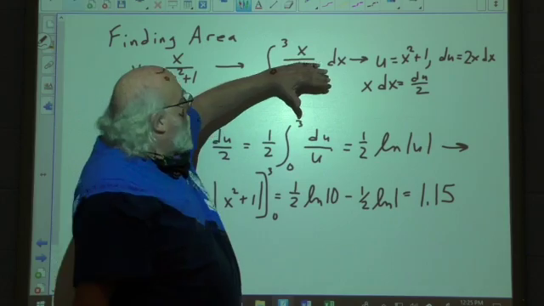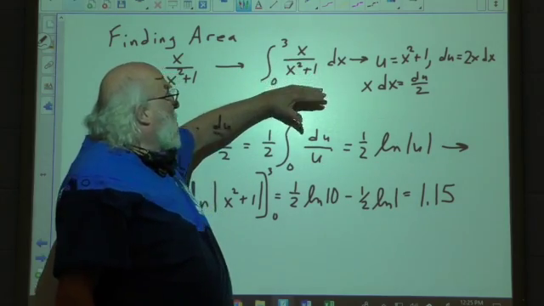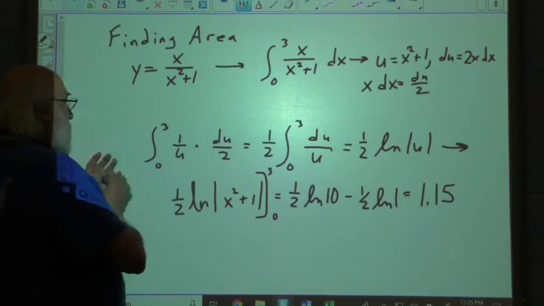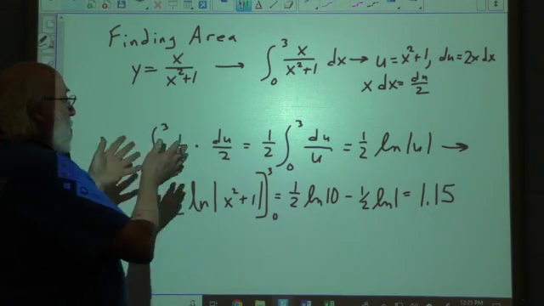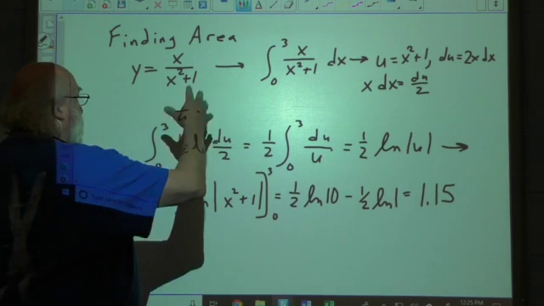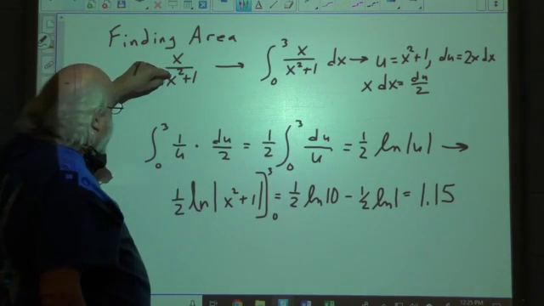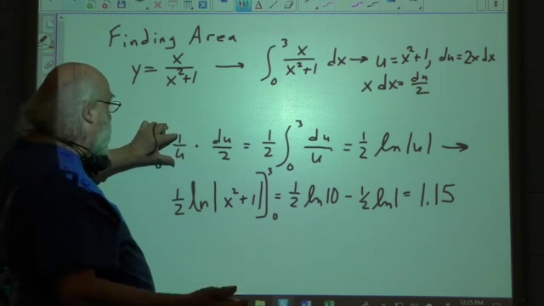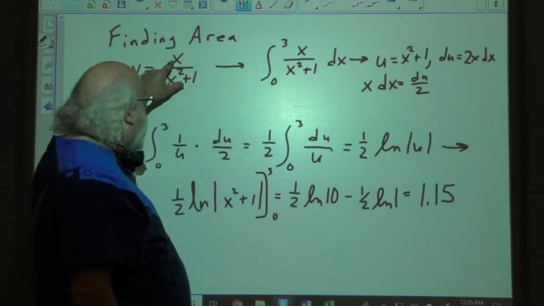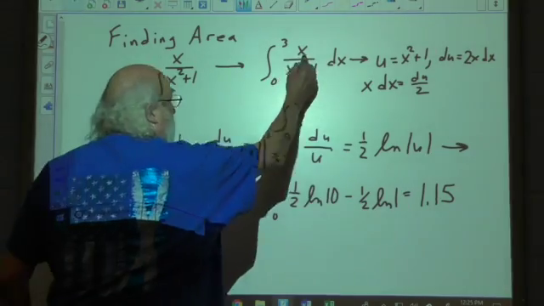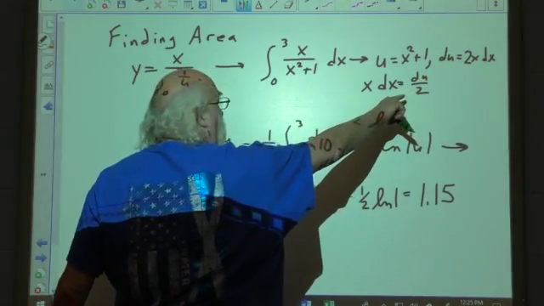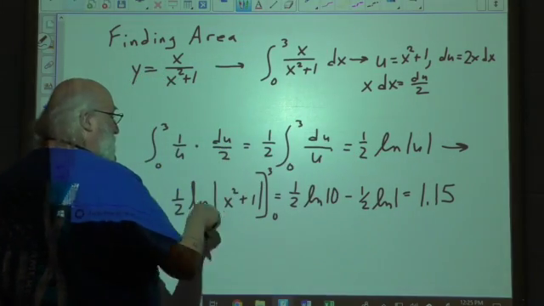So the idea is to try to make x dx the value that's to be substituted, so you have to divide that 2 out. And so now you go ahead in terms of u, plug that in. Well, x squared plus 1 is in the denominator, so that's 1 over u instead of just plain u. And x dx then is half of du, so put du over 2.